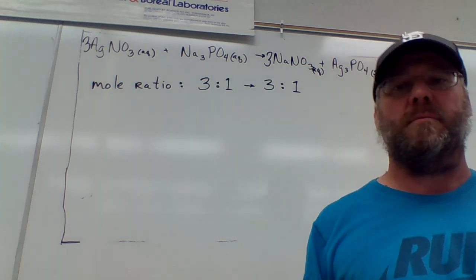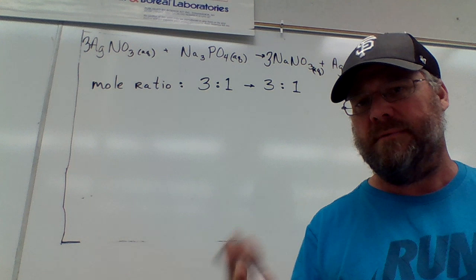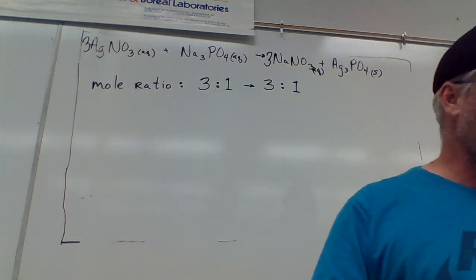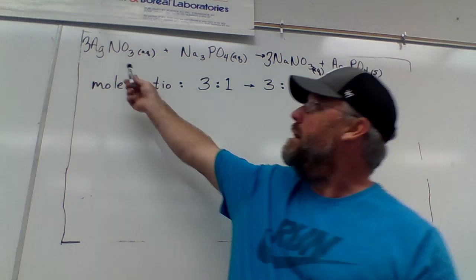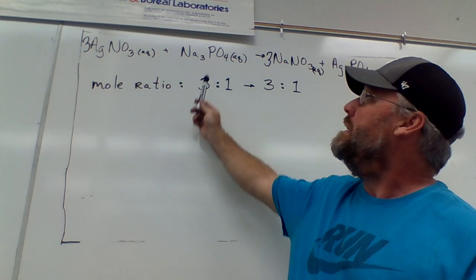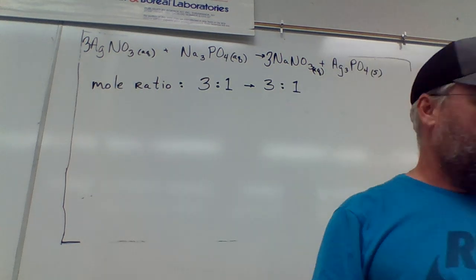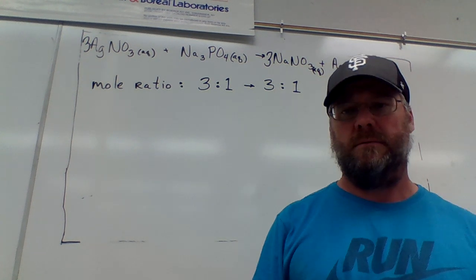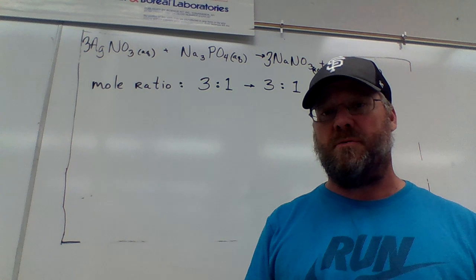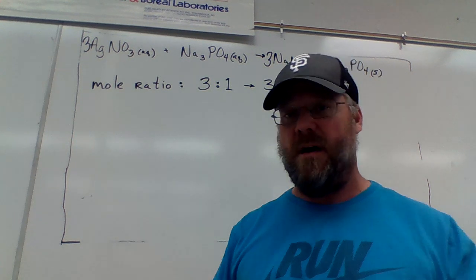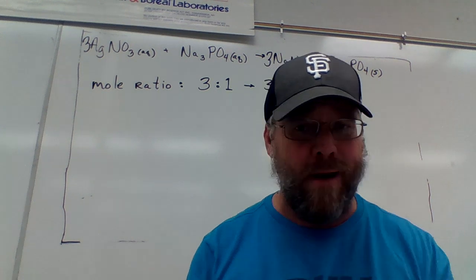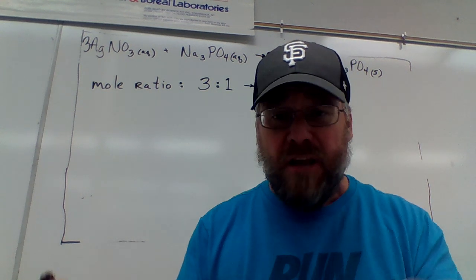No, that one's not going to work. Now, B says I've got 3 grams of AgNO3 and 1 gram of the sodium phosphate. Is that going to work? The answer you should be screaming at the video as I'm talking right now is no, Eirik, no, we can't use grams. No grams.